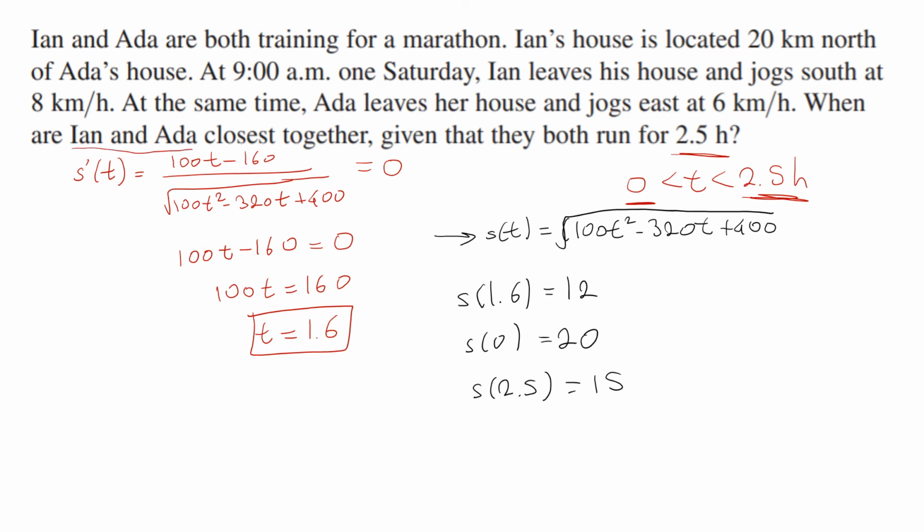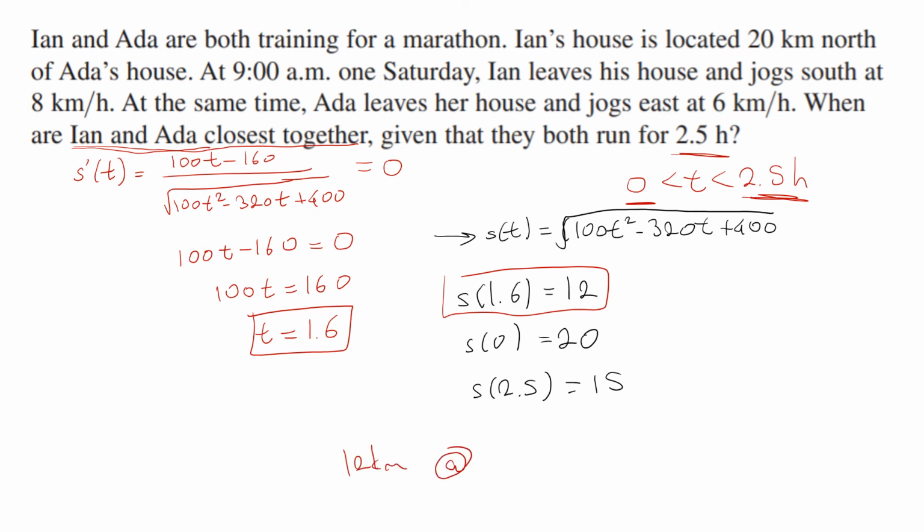Once Ion and Eta are closer together, closer meaning whatever the distance is smaller, smaller meaning minimum value. When I look at these values, I have 12, 20, and 15, and I know the 12 is the lowest value. Therefore, it's at 1.6 hours that they are closest together. So the minimum value is 12 kilometers.